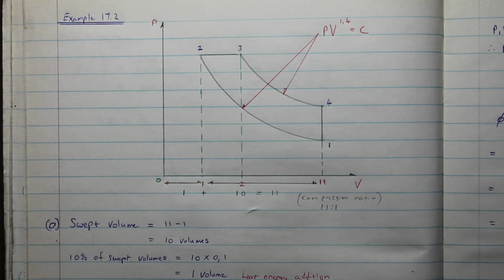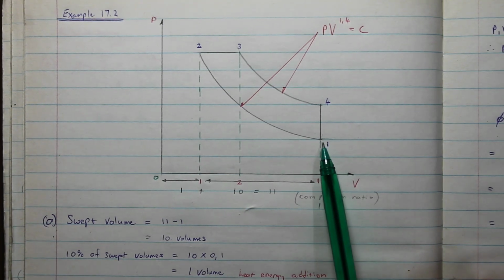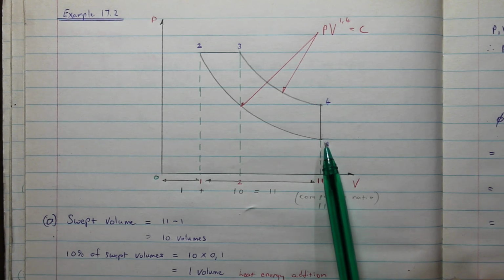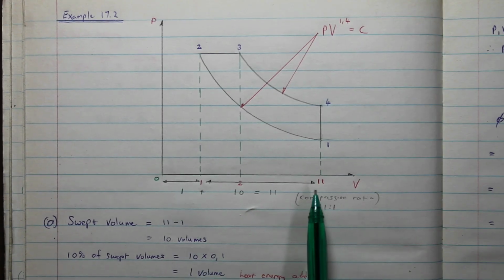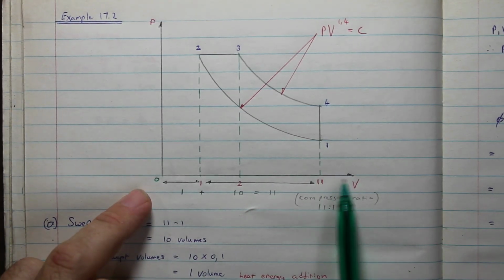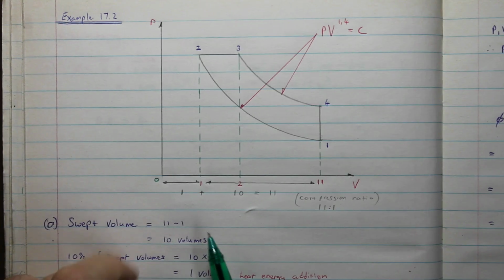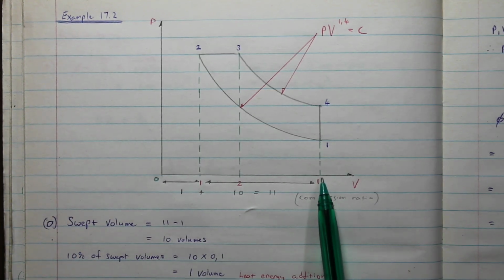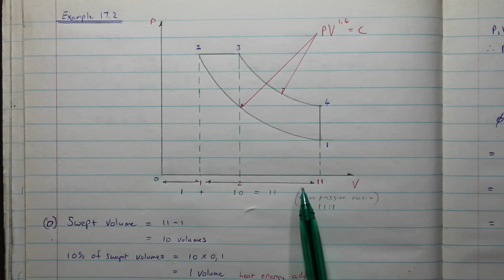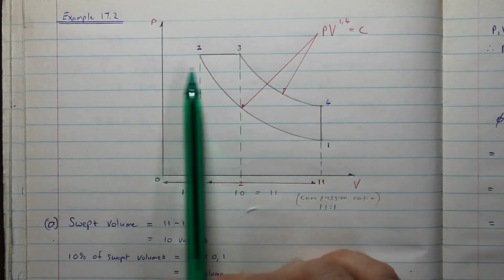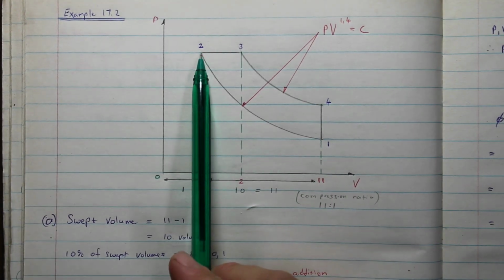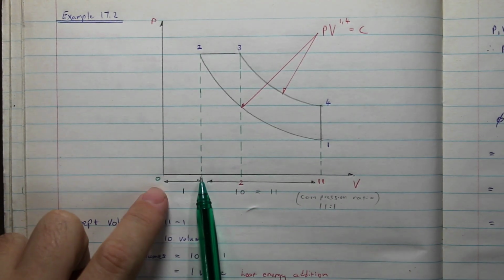Here at the beginning of the compression stroke, position 1, I've put the compression ratio on the volume line. When the piston is all the way at bottom dead center, I've put 11, and when it's compressed that gas to 0.2, I've put 1 there.